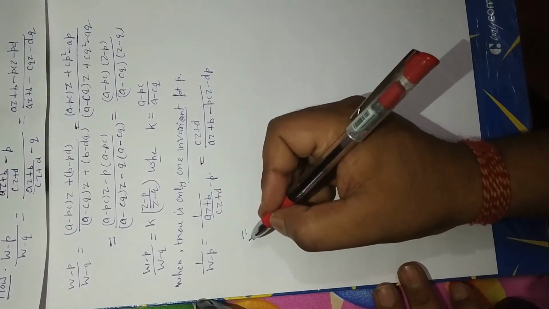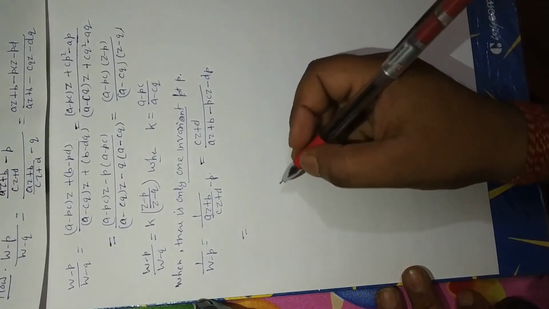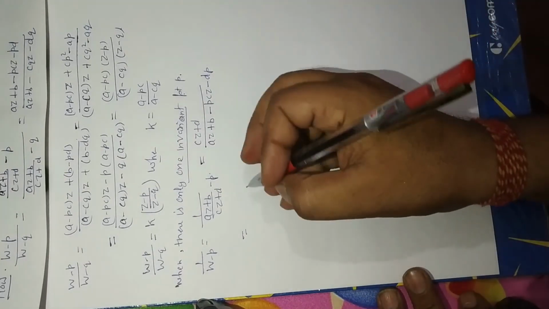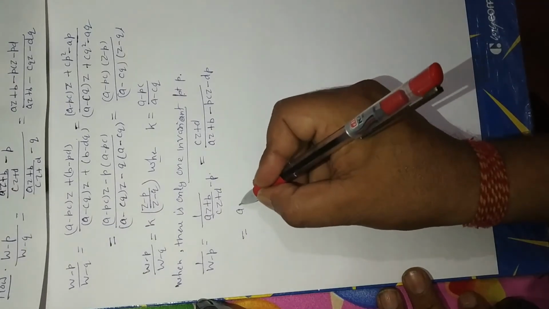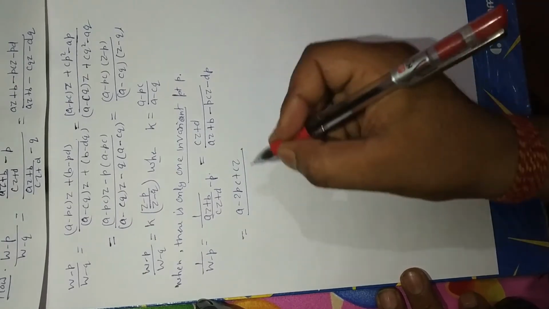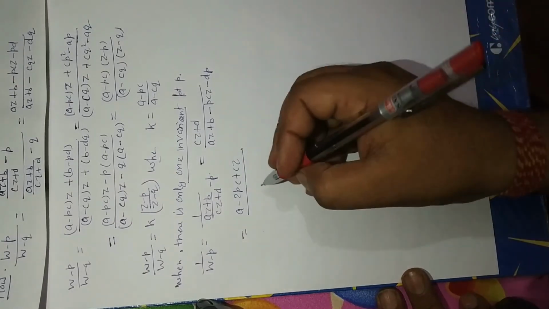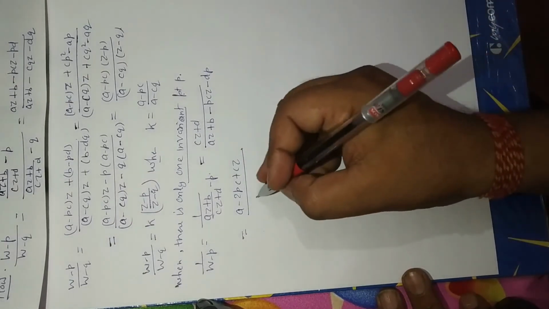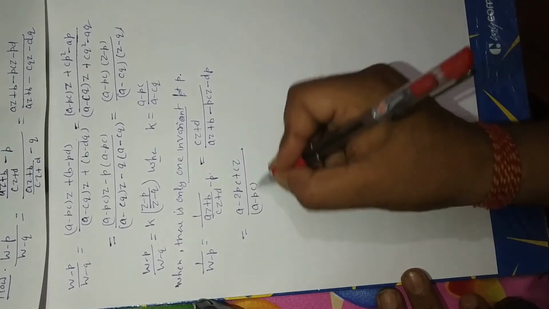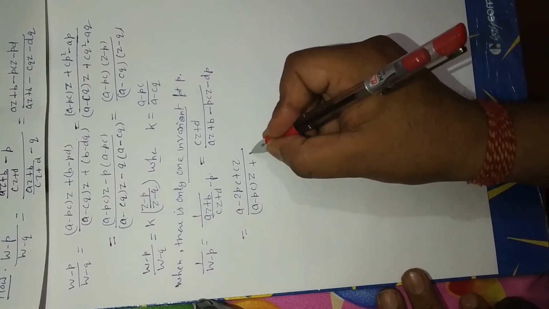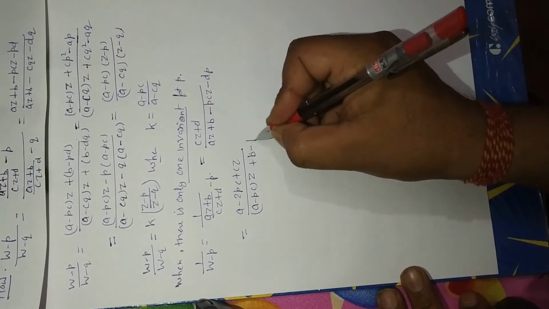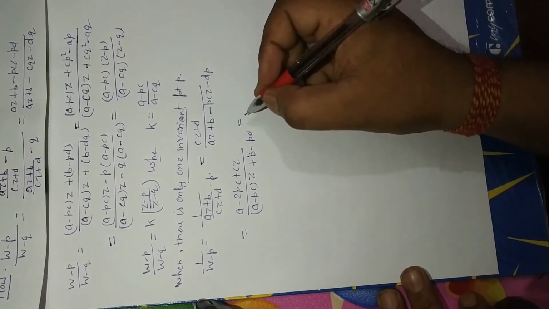This is equal to, now putting the value of D from equation number first, (A minus 2PC plus CZ) upon (A minus PC)Z plus B minus PD.